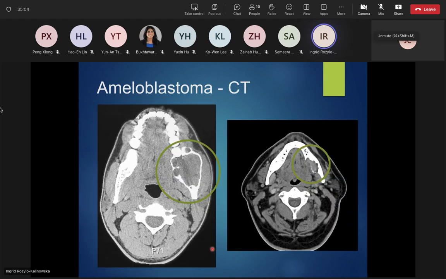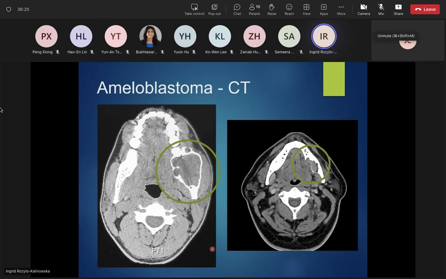When other diagnostic imaging methods are applied, such as CT or MRI, then the content of the tumor is visible, and the content is soft tissue. So as you remember from the previous lecture, in case of cysts, the content of a cyst is fluid, more or less dense, but it's a fluid.